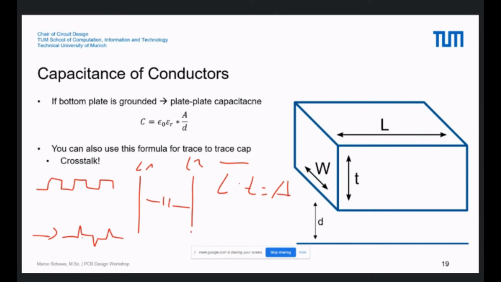And this noise or this crosstalk can also decrease your system performance. So it means that if you have a clock line and a second line for the DC line, you have to increase the distance here to avoid crosstalk. But about crosstalk and electromagnetic interference, we will talk about it in 2 weeks.